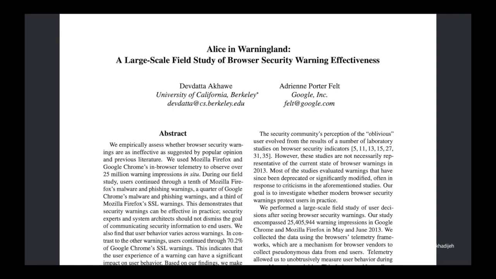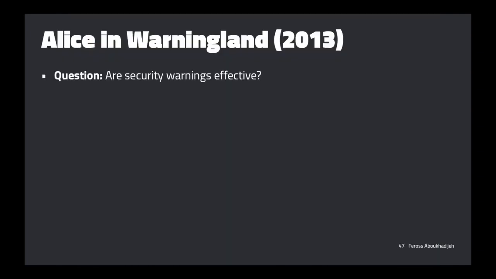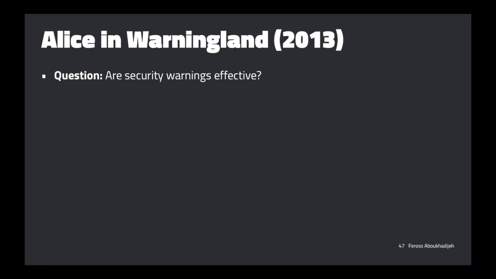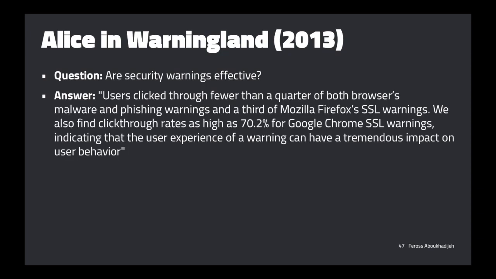And that's very true. But this paper pushed back a little bit on that idea and tried to argue that actually browser security prompts in Chrome and Firefox are quite effective at keeping people safe in certain situations. Basically, you might think that these warnings are ineffective, but it turns out that users click through fewer than a quarter of the malware and phishing warnings in Chrome and a third of Firefox SSL warnings.